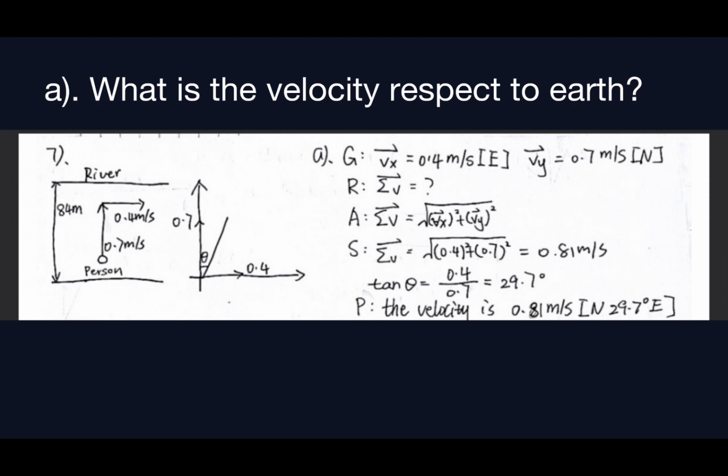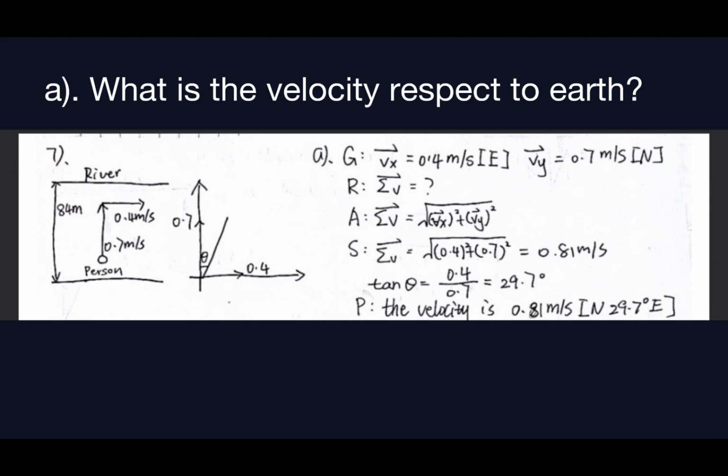We need to apply the GRASP method, with which G means we know the horizontal velocity is 0.4 meters per second moving east, while the vertical component is 0.7 meters per second pointing north. This question is actually asking for the resultant velocity, the total velocity, for which we can simply apply the Pythagorean theorem: the total velocity equals the root of vx squared plus vy squared.